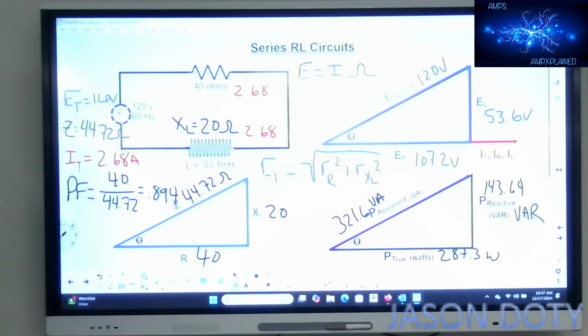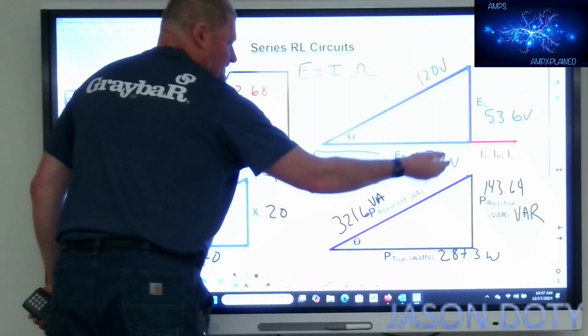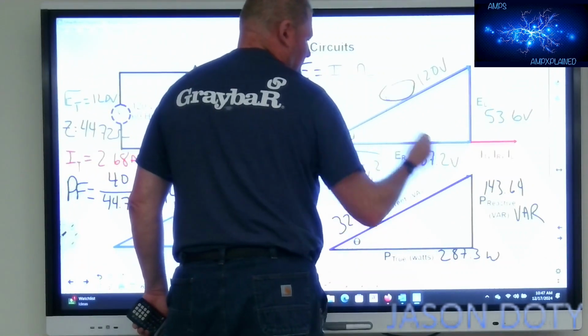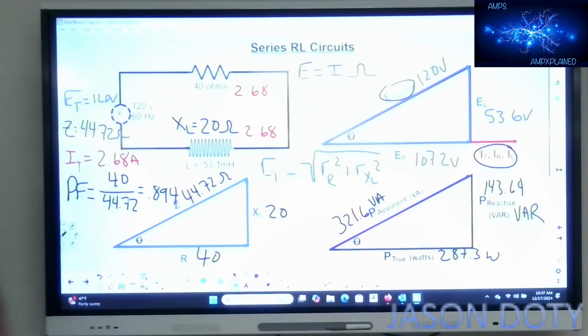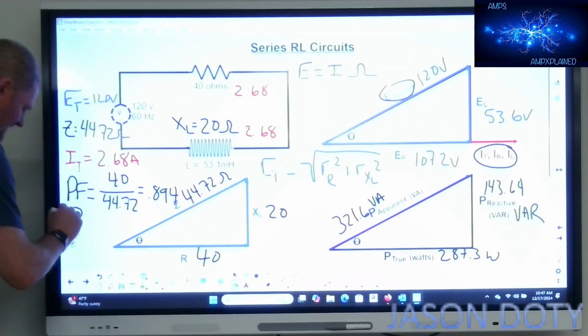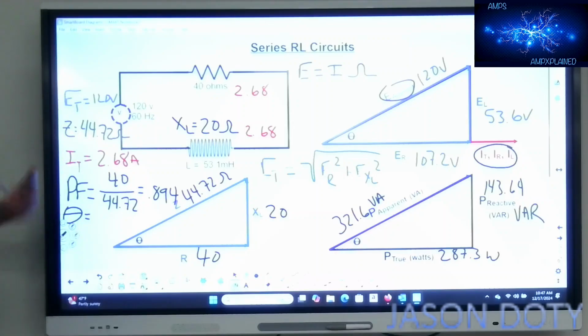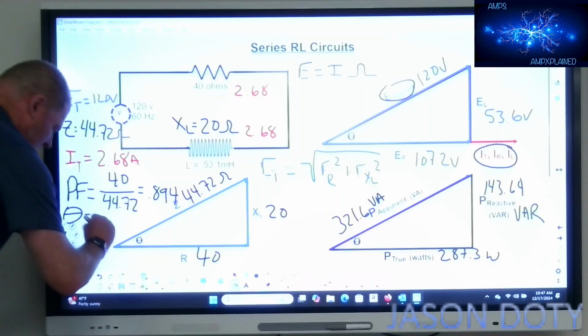And the reason why I leave it in decimal form is because I want to know how far out of phase our voltage is with our current, because of our inductor. And that'll be angle theta. And because we use the cosine function to find our power factor, I inverse cosine.